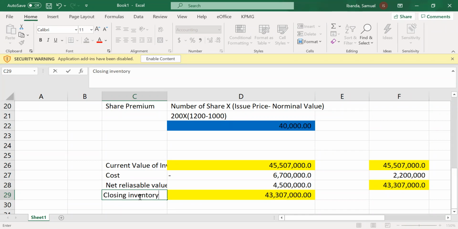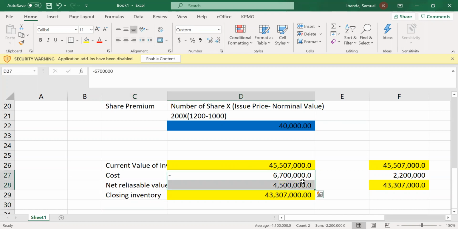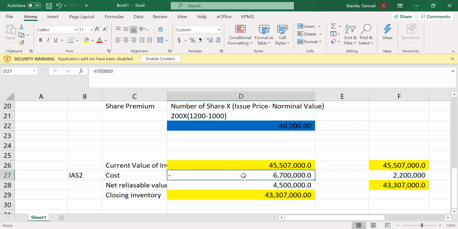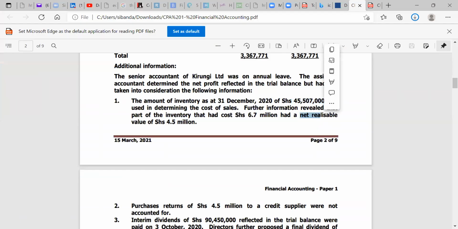This should be your value of inventory because you have adjusted it to meet the standard, which is IAS 2, like I said. I asked you to note that because in most cases, the examiner always wants to test this area to make sure that you understand the dynamics of inventory and its valuation. So that is about this.